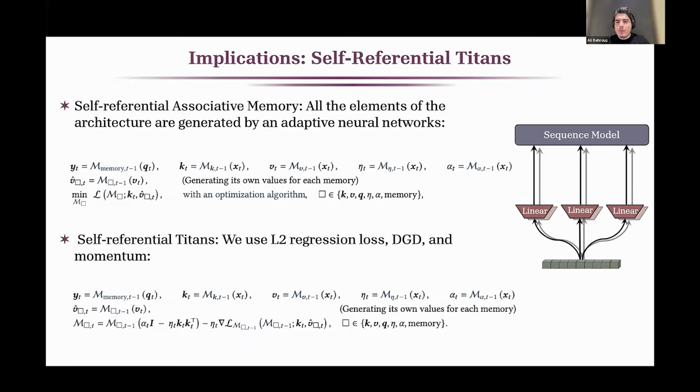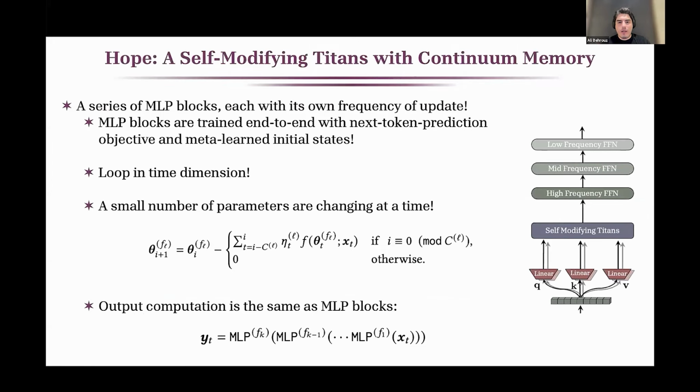So in our sequence model, the first component is the self-referential Titan model, which is Titan plus these two changes that I mentioned. The model generates its own value, and it uses delta gradient descent instead of gradient descent. And then we have another component here, a self-modifying Titans with continuum memory, which we call HOPE. And what is the continuum memory system that we are presenting here?